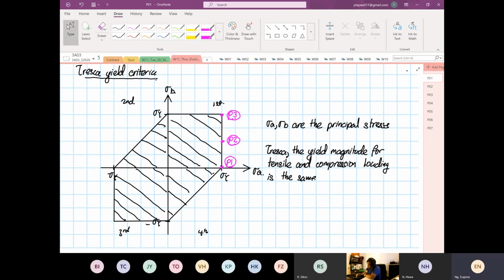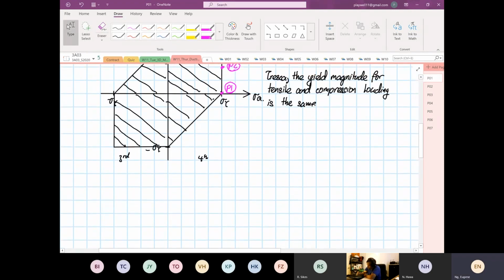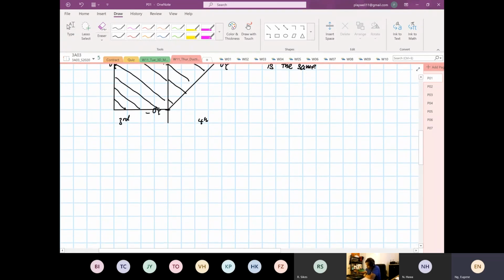So let's now construct this on Mohr's circle. Going back to Mohr's circle, over here this is my normal stress, and this is our shearing stress.